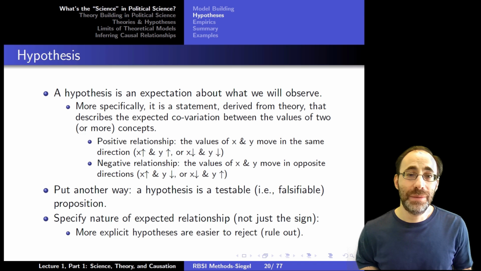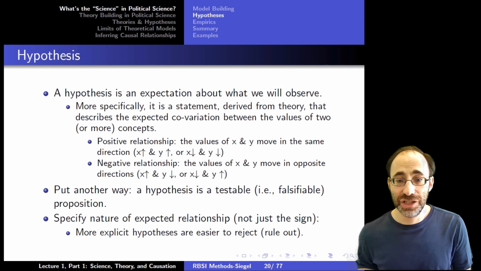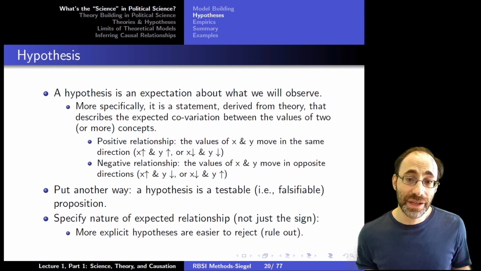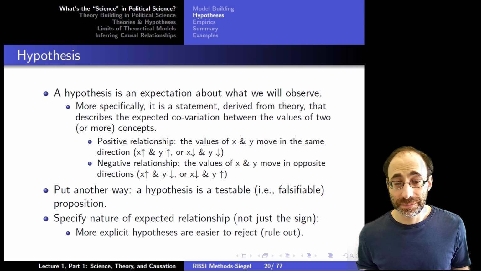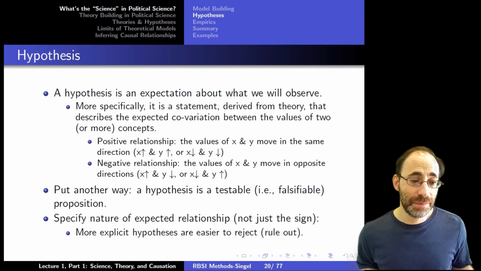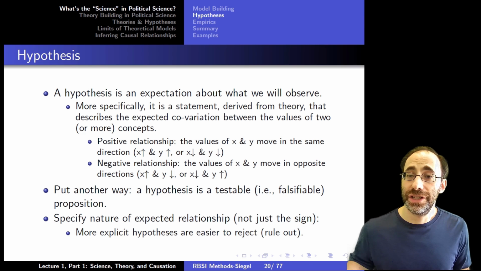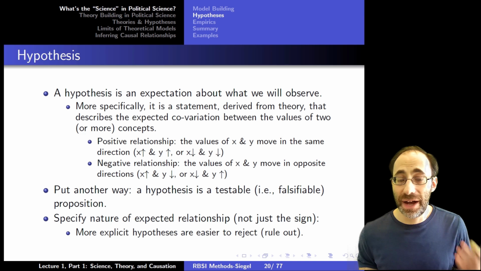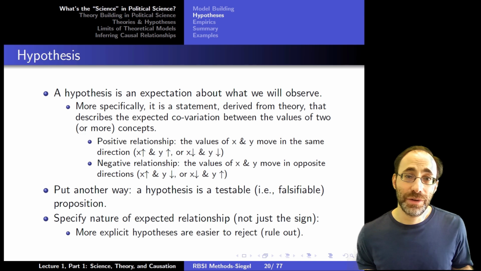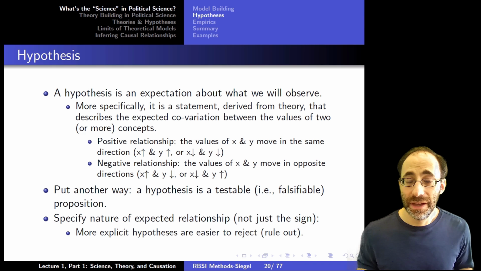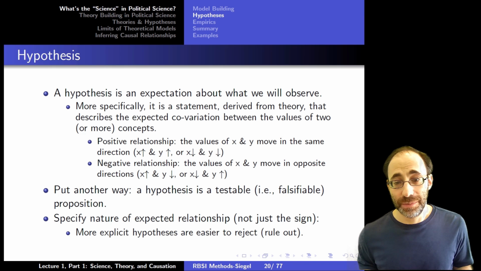Positive and negative relationships are both types of hypotheses, because a hypothesis is just a testable proposition linking two or more variables. So one hypothesis might be, as x increases, y should also increase. That's a positive relationship it's positing. Or a hypothesis could be, as x increases, y decreases. That posits a negative relationship.